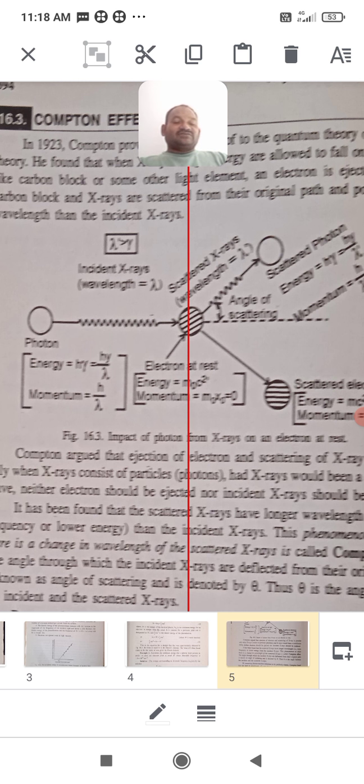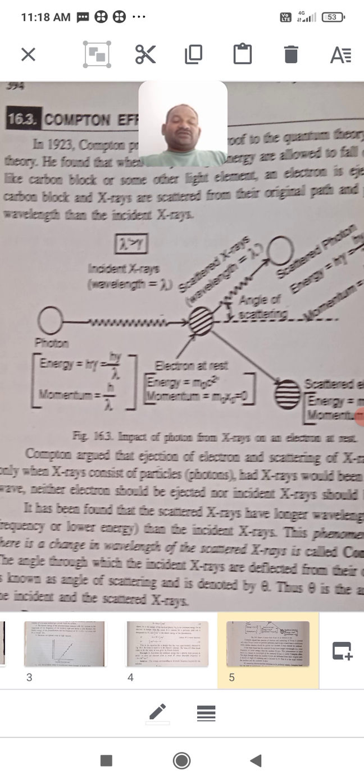That electron is called the scattered electron. Energy is equal to mc square, momentum is mv. For the electron at rest, energy is m naught c square, momentum is equal to m naught times 0, that is 0. So the photon before the scattering has energy h nu, that is hc by lambda, and momentum h by lambda. So this is the explanation of the Compton effect.